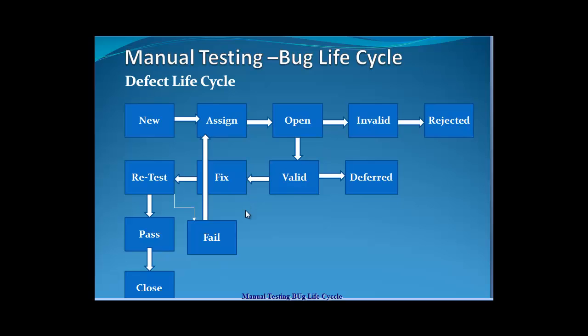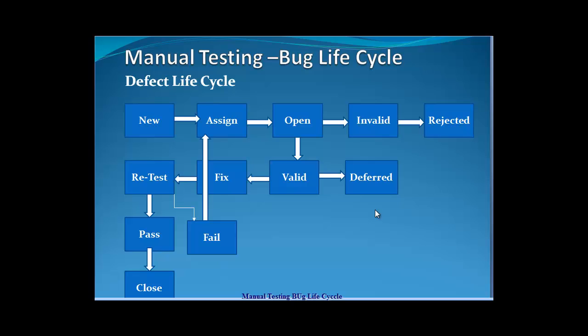So again you can see here from valid a right arm says deferred. It means if a developer gets 5 bugs to fix, the developer prioritizes which need to be fixed first. Is that a critical defect? Is that a major defect?